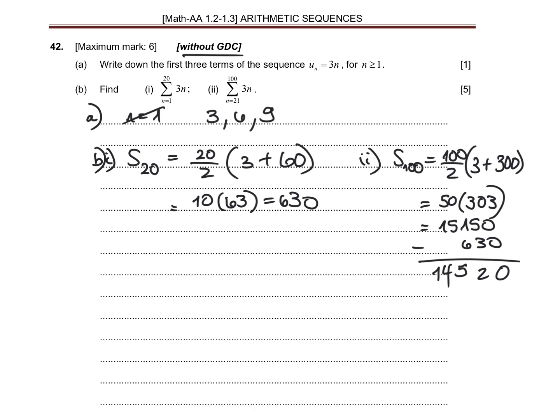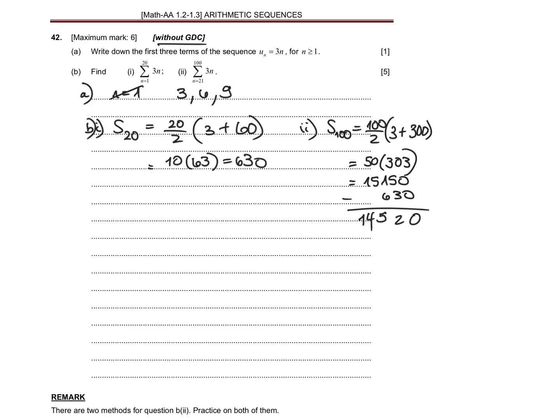So 14,520. The other way you could do that one is by finding, because you want to find all the terms from 21 to 100. So if you do 100 minus 21 plus 1, that's going to be 80 terms. So you have the sum of 80 terms.